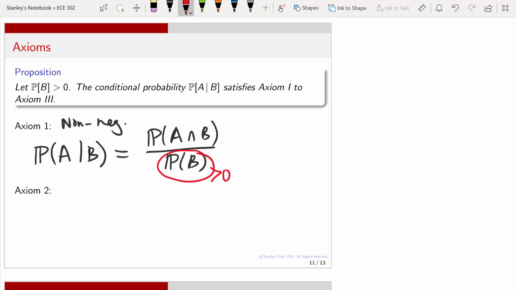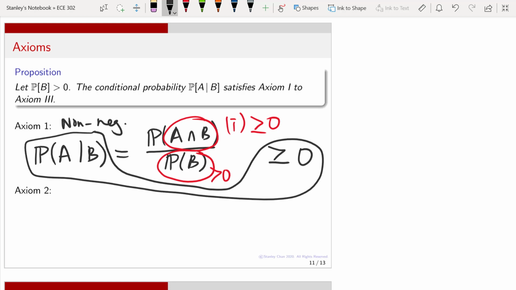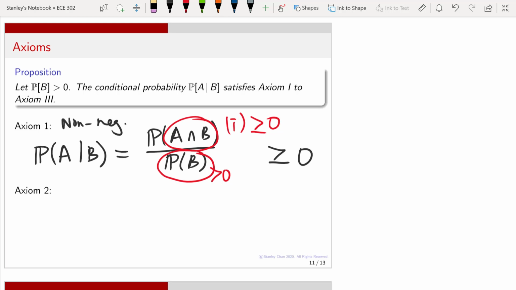This is just certain events in your sample space, and by axiom 1, this has to be bigger than or equal to 0. So when you take this ratio, it certainly has to be bigger than or equal to 0, and therefore the conditional probability of A given B has to be bigger than or equal to 0. So that is axiom number 1.